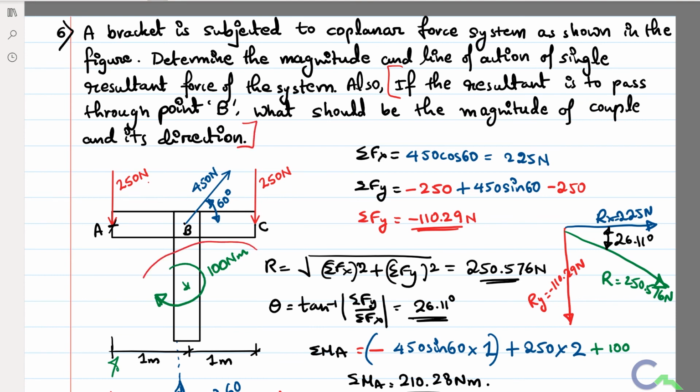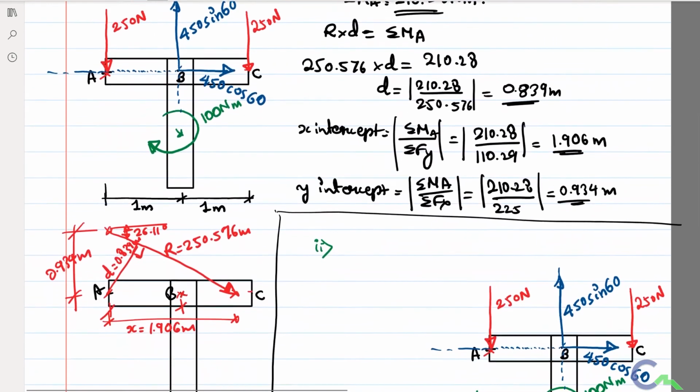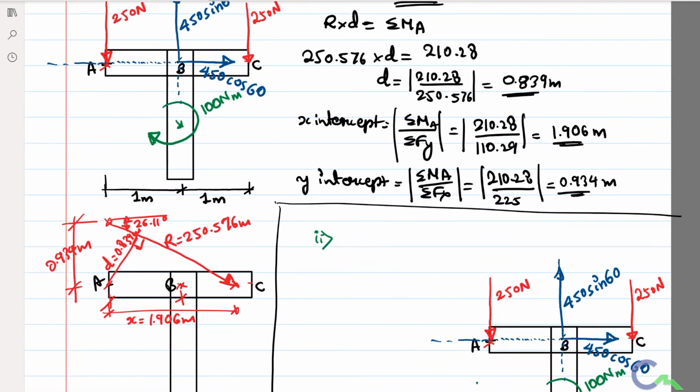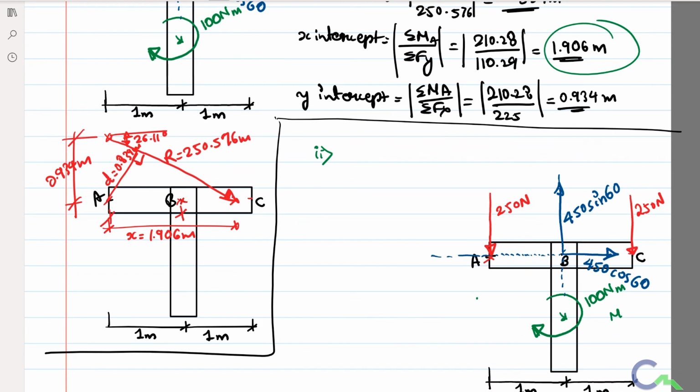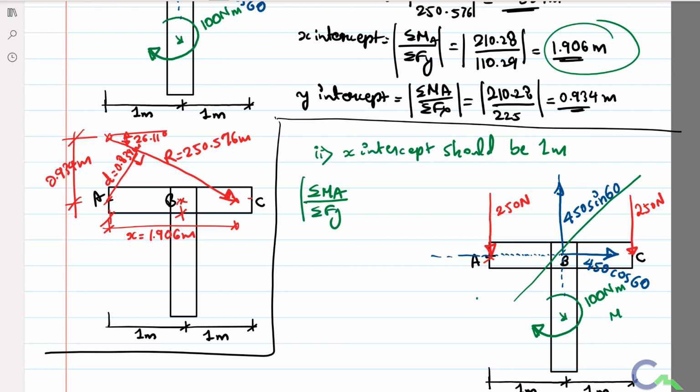In the first part they given the couple is 100 Newton meter. If couple is 100 Newton meter, the x-intercept we got 1.906 meter. So if I want to pass the resultant through B like this, the x-intercept should be 1 meter. That means sigma MA divided by sigma Fy should be 1 meter.